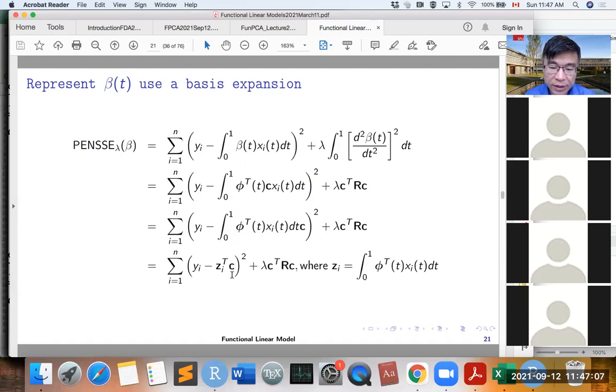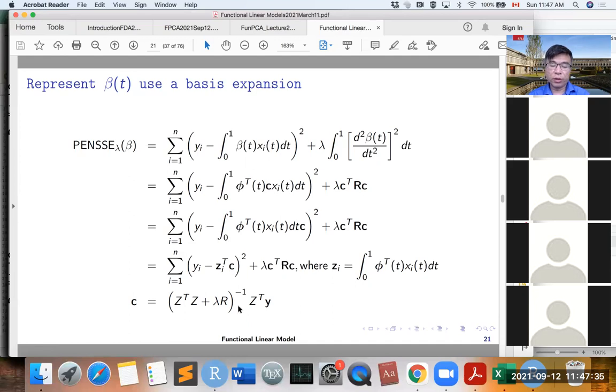Then we define Z_i as the integral of basis function phi t times the observed curve x_i t. Then we do the least squares, and we will find out this basis coefficient c will be equal to Z transpose Z plus lambda R, inverse, times Z transpose y.